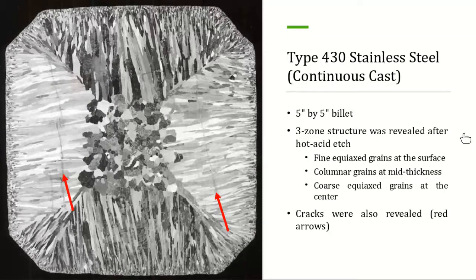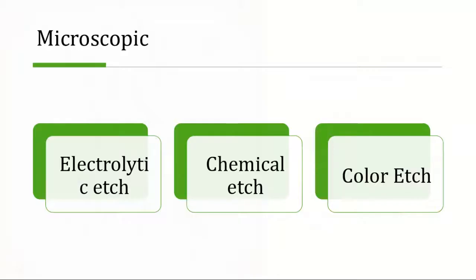So that's an example of a macro etch. You can see, like I mentioned, this is a 5-inch by 5-inch billet. So large piece. If we go microscopic, then I have 3 different techniques that I could utilize for the microscope.